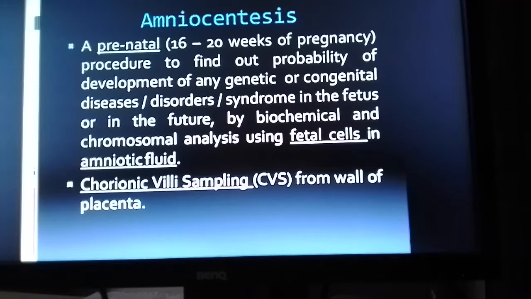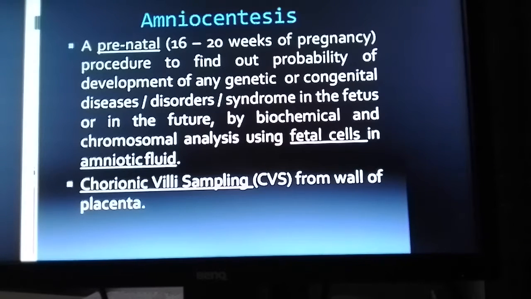Now, as we told, amniocentesis is a prenatal procedure to find out the possibility of the development of certain genetic diseases or disorders in the fetus developing in the body of the pregnant mother.